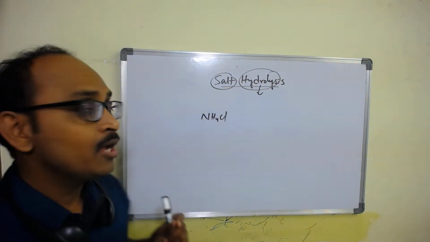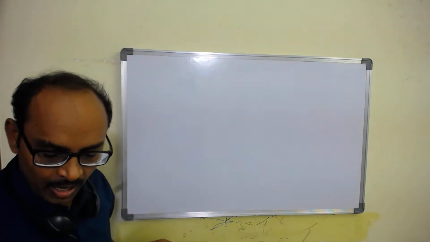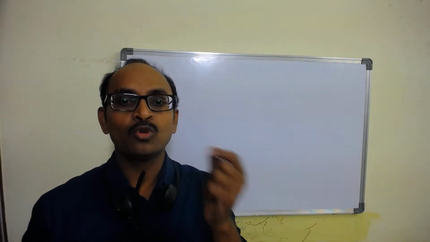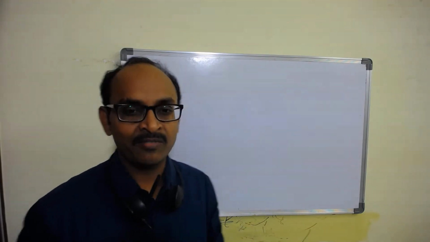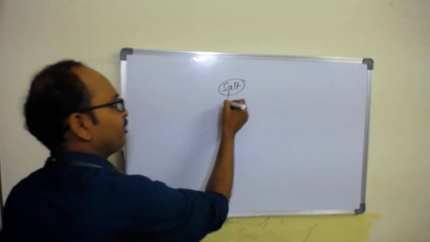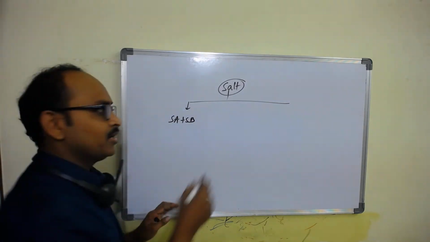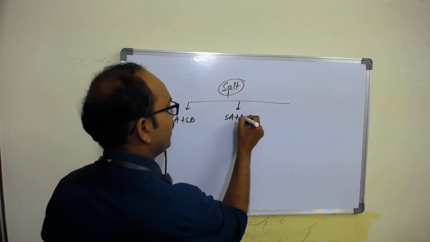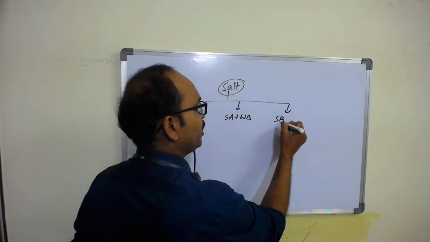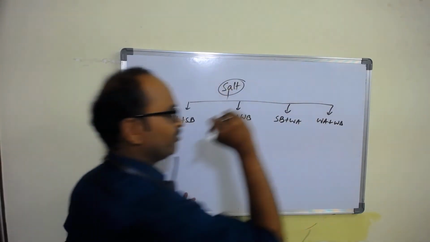So let me start with the concept of salt hydrolysis, in which I can take four types of salts based on the interaction of salt with water: a salt of strong acid and strong base, a salt of strong acid and weak base, a salt of strong base and weak acid, and finally a salt of weak acid and weak base.